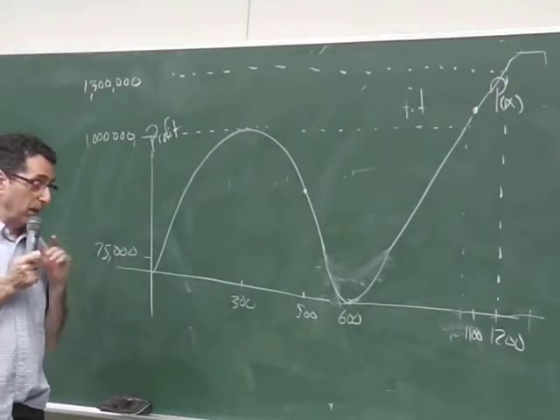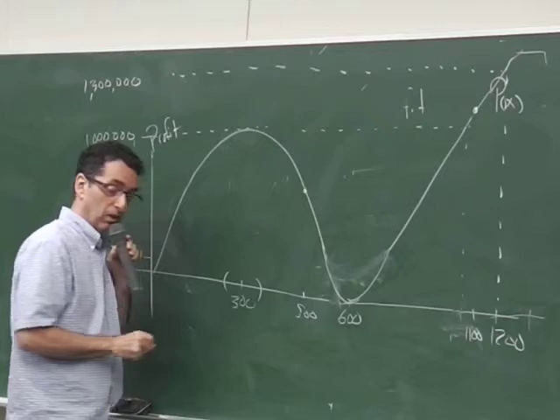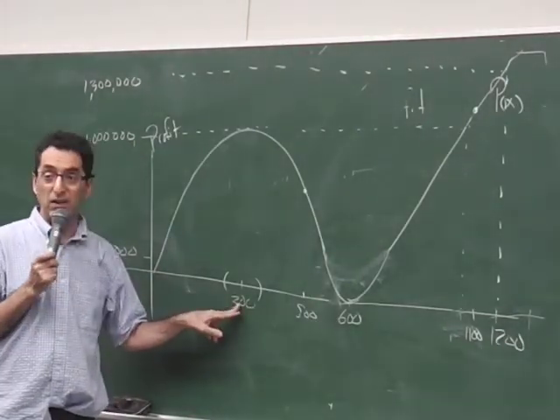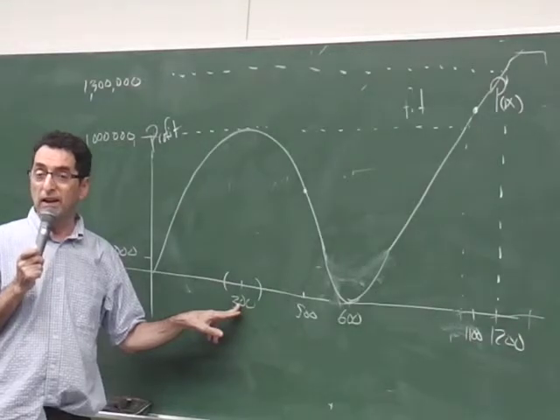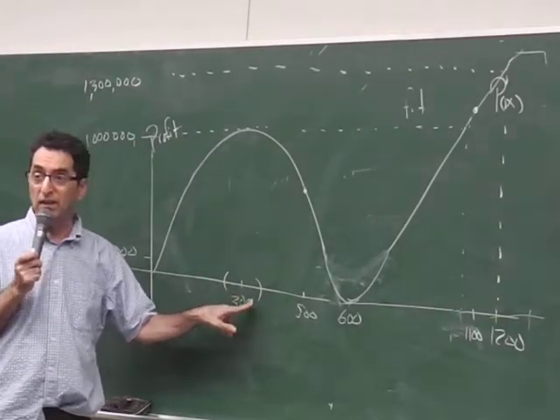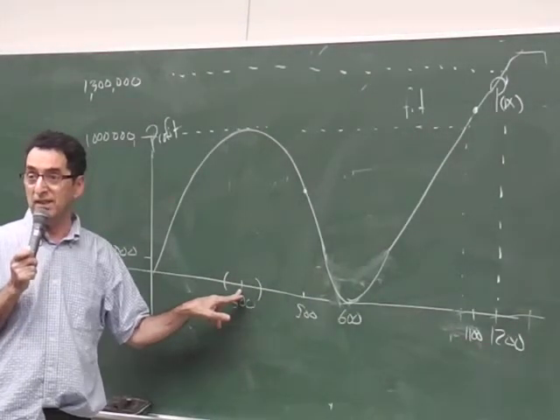No, we don't use limit. We say that there's an interval that you can draw around this value where all the heights between here and here in this interval are less than the height at this place.